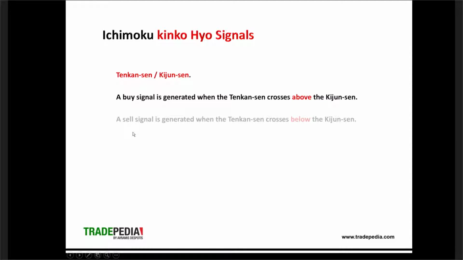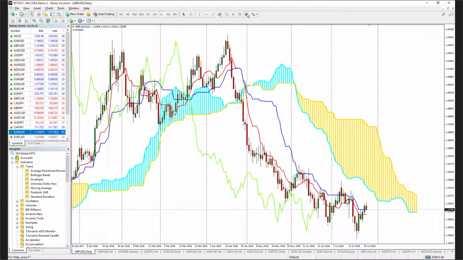And a sell signal is generated when the Tenkan-sen crosses below the Kijun-sen. Let's see first of all that. So what could we say? When the red line goes below the blue line there, we have a sell signal.